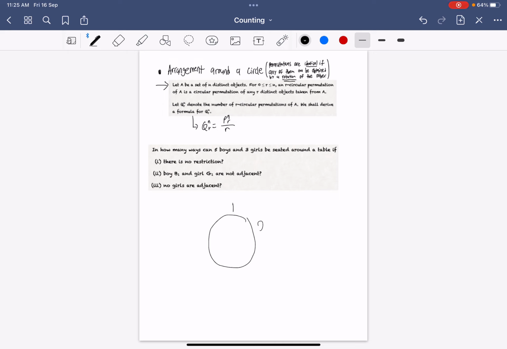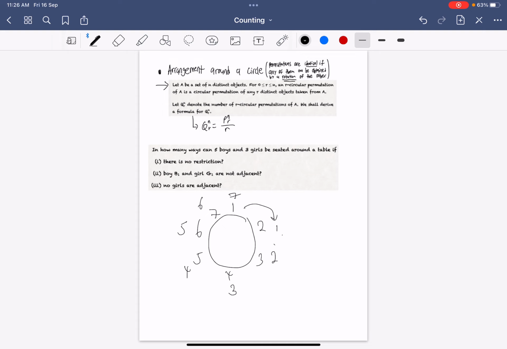So we got 1, 2, 3, 4, 5, 6, 7, where in this case our n is 7. Then we want to arrange them in a circle. We could arrange them in this way, or we can shift this 1 over here. So it's 1, 2, 3, 4, 5, 6, 7 now. But you can see that this rotation makes the arrangement exactly the same as the previous one.